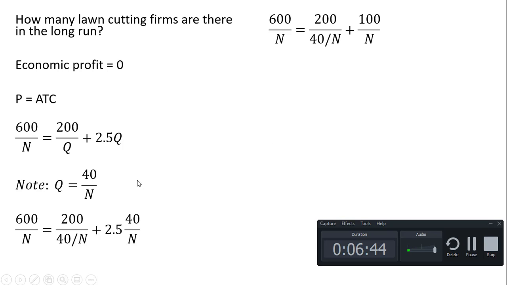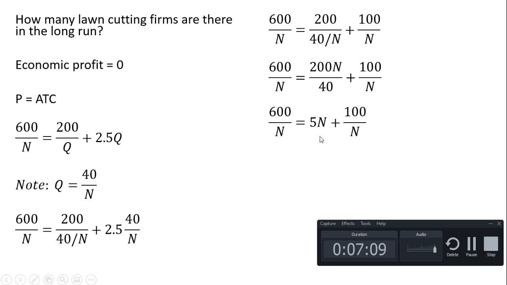The first thing I do is take this 2.5 and multiply it by 40 to get 100. The next thing I'm going to do is multiply the numerator and denominator of the first term on the right-hand side by n. Multiplying the denominator by n, the n's will cancel down below, and that moves the n to the numerator. And then 200 divided by 40 is 5. So we get this result.